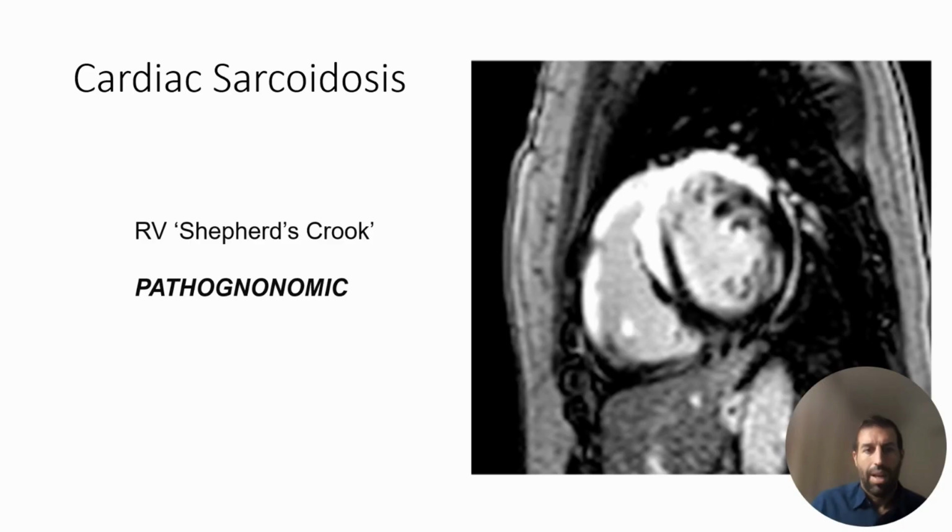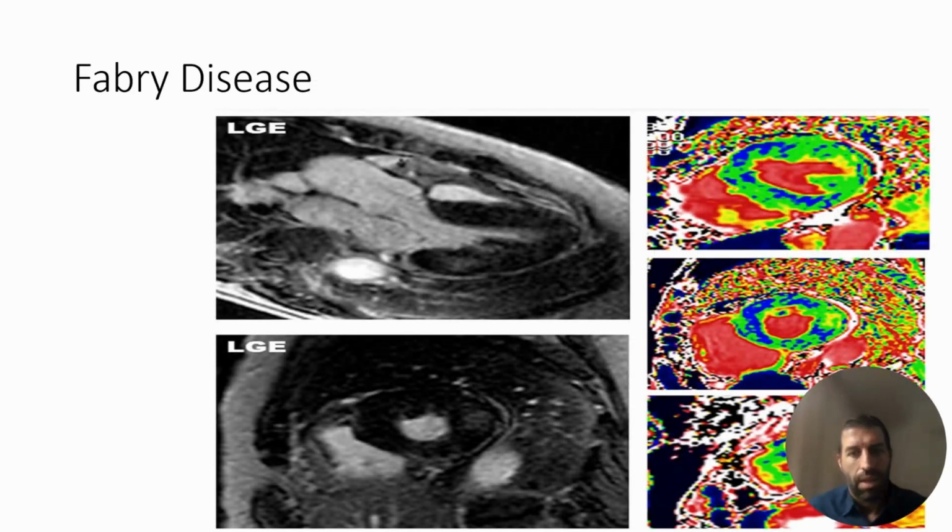Here we have a very nice case of an RV shepherd's crook, which is a pathognomonic imaging finding at the CMR for cardiac sarcoidosis. Here we have a typical CMR presentation of a patient with Fabry disease. We have concentric left ventricular hypertrophy.